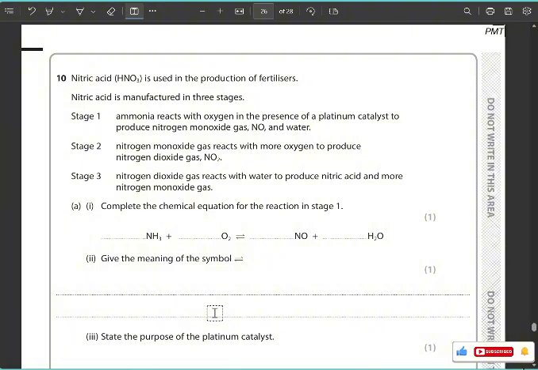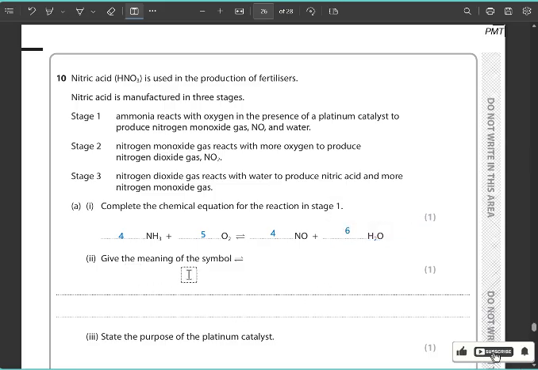Okay, nitric acid HNO3 is used in the production of fertilizers. Nitric acid is manufactured in stages. There are 3 stages. Complete the chemical equation for the reaction in stage 1. In stage 1, ammonia reacts with oxygen in the presence of a platinum catalyst to produce nitrogen monoxide gas and water, and the reaction will be like this.